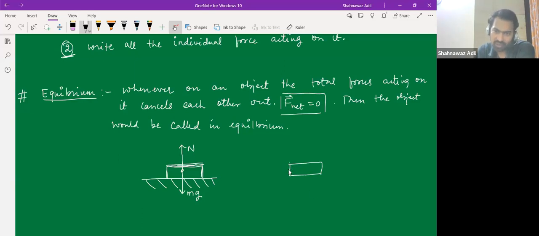So if we draw the free body diagram of this object, let's say this mass is here. One force acting is the normal reaction, and the other one is mg. You can see that this is in this direction and this is in the opposite direction, so these are balancing out. So F net is what?